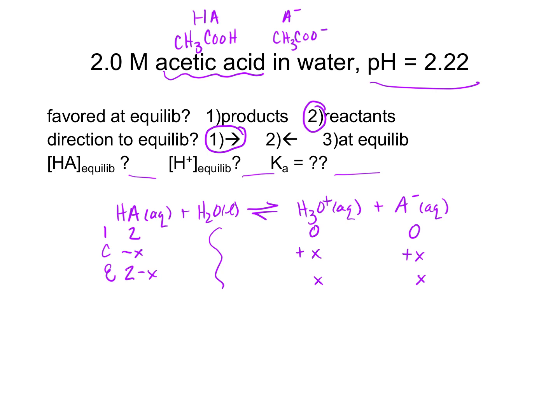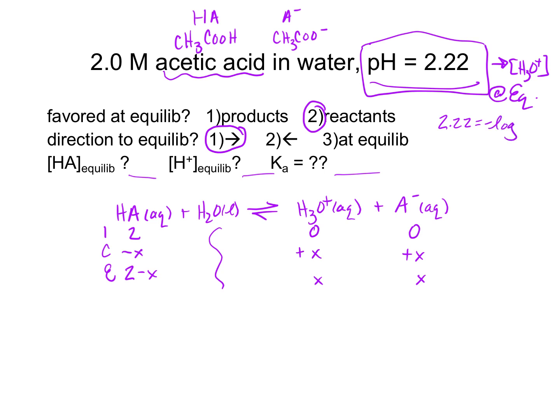But what am I given up here? I'm given the pH. And that pH can give us the concentration of H3O plus at equilibrium. So where does that go? I have 2.22 is equal to minus the log of the H3O plus concentration.